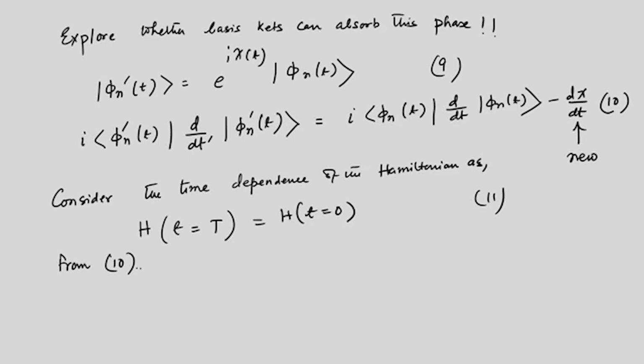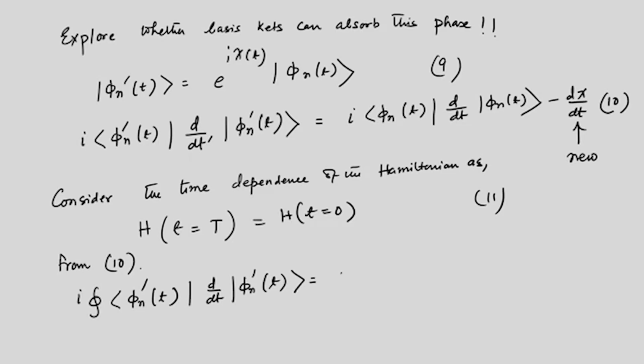From 10, what we get is the following. We get i, over the entire cycle, phi n prime t d dt of phi n prime t dt.